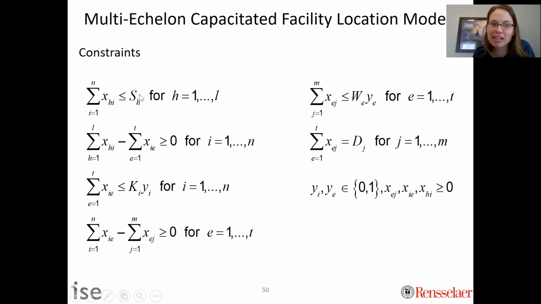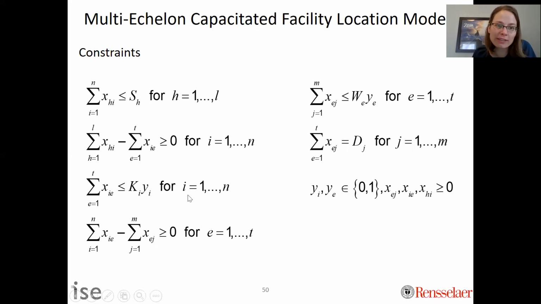So this is basically saying out of each supplier, I can only ship the most I have, and it goes then to factories. This is a capacity constraint, saying I only have so much supply at each of the suppliers, and then they get shipped to a factory. So you see that here.